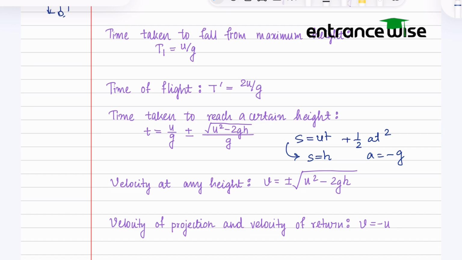So we can write it as h equal to ut minus half g t square. Now on solving this quadratic equation for t, we can find the time taken to reach a certain height h.